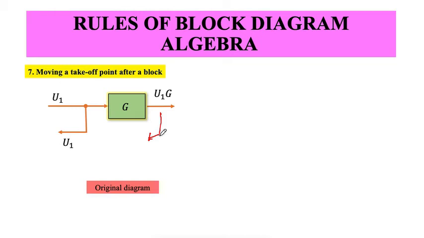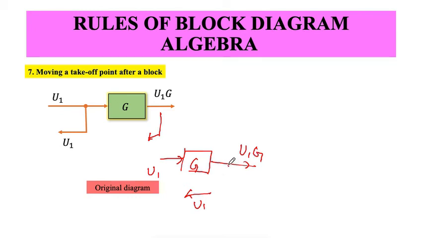So again I have u1 going into a g block, and then I'm getting u1g, and what I want is u1, but what I'm getting here has g also.